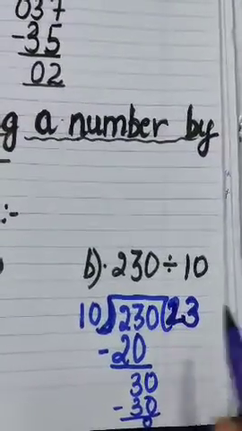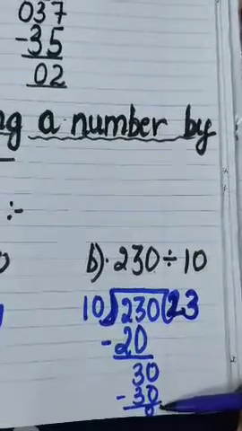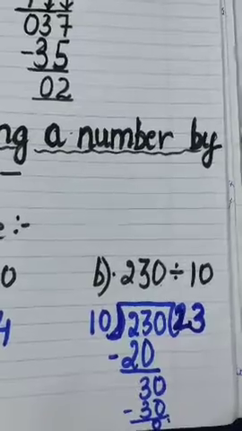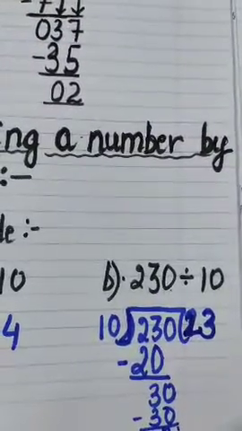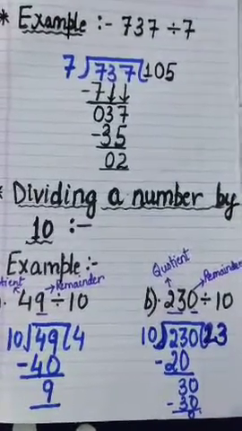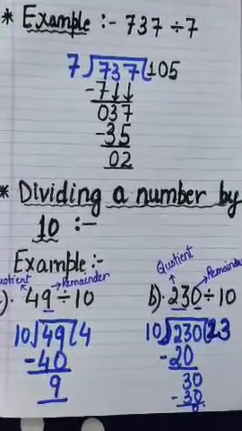Last digit, that means 0, is the remainder, that means 0 was a digit at ones place and 23 which was at tens and hundreds place became the quotient. So remainder and quotients are clearly demonstrated and written on the sum.